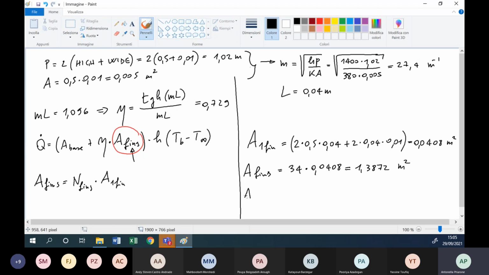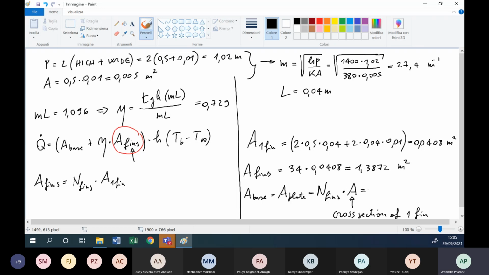The area of the base now we have to evaluate is the area of the plate minus the number of fins that multiply A, the cross-section of one fin.